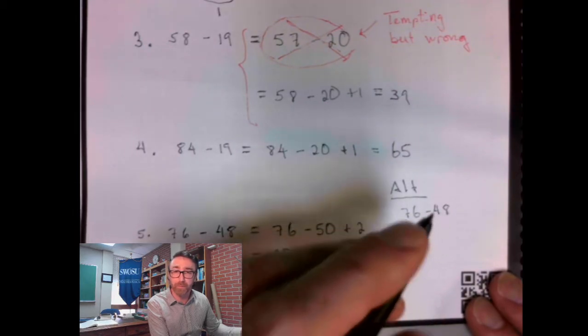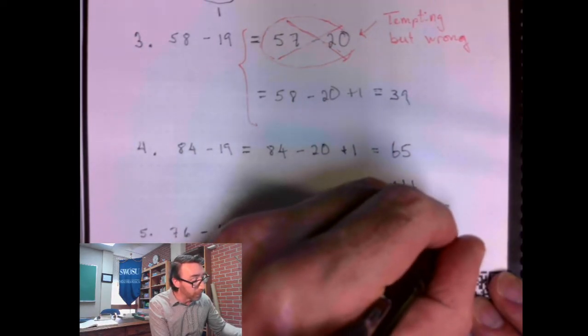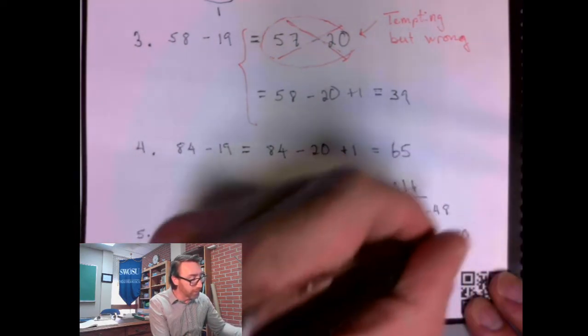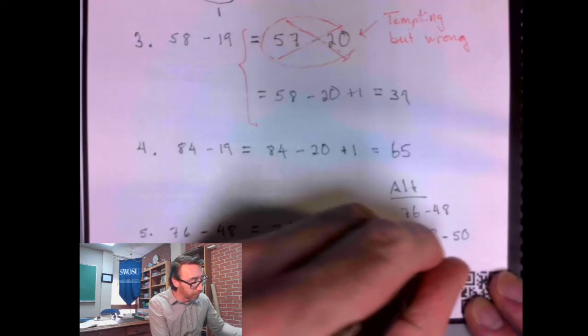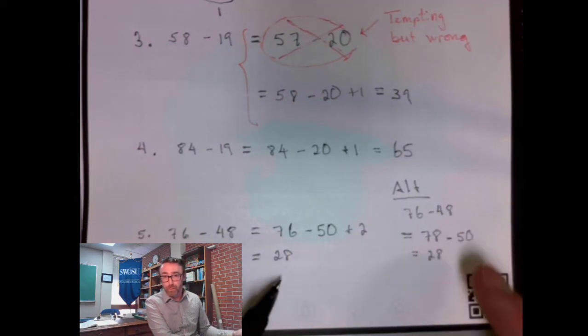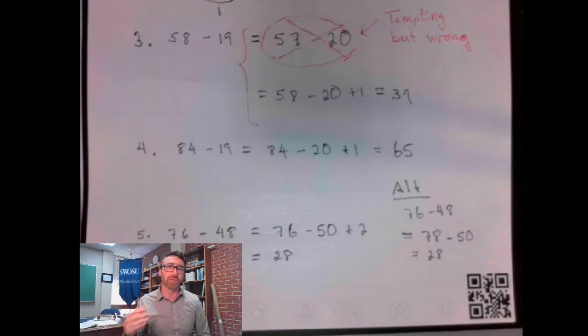You had to bump it up by 2, so you have to bump everything up by 2. 78 minus 50, and you're left with 28. You can see that's the right answer, so that's a way to do the problem. That's another way to think about compensation when you're doing a subtraction problem by mental math. If you slide one thing up, you have to slide the other thing up too, so that you keep the same distance between the numbers.